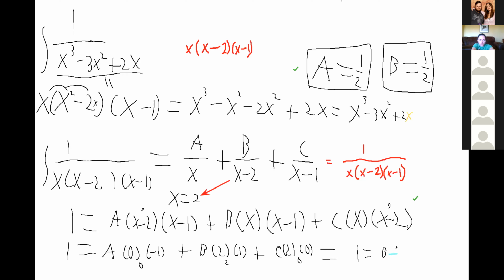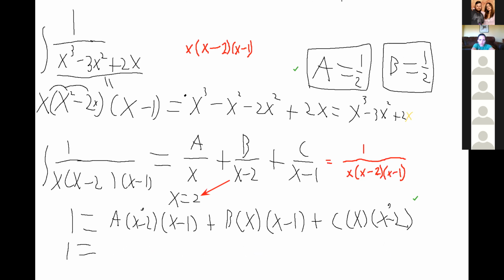Now for the last one, we want to find c. So in this case, we should probably make the x, erase this, we can make that 1, because that's going to cancel out this and this. It's going to make them zeros.